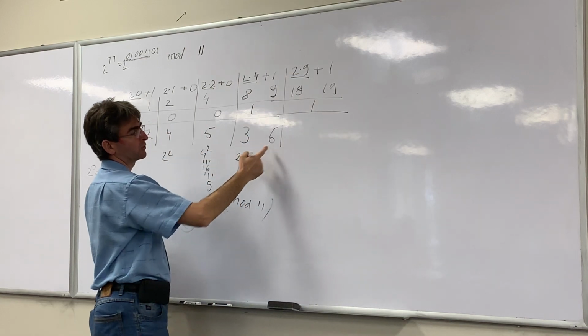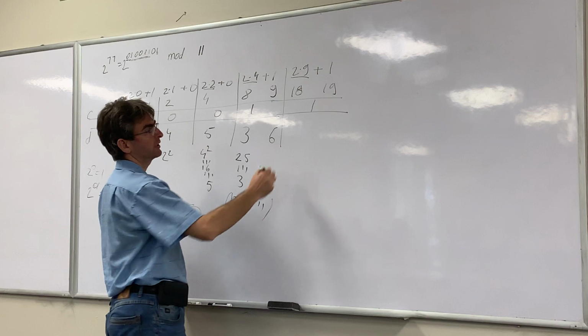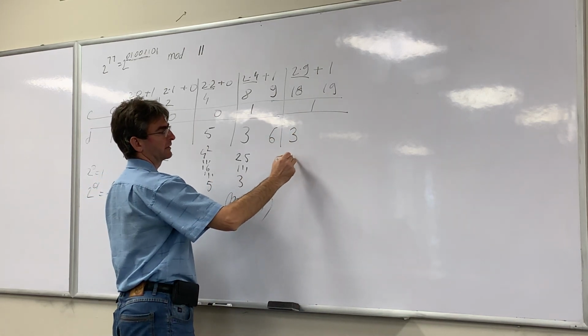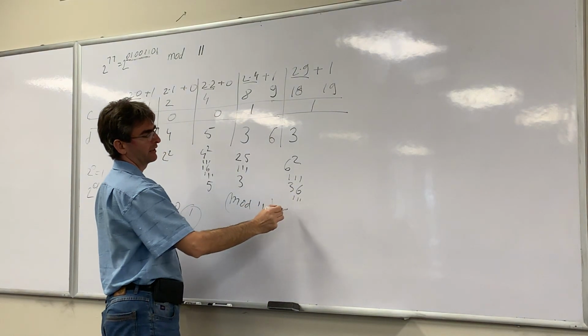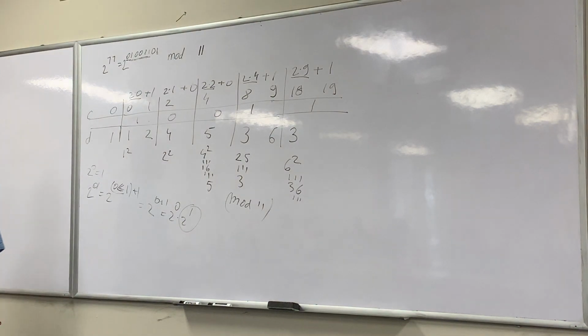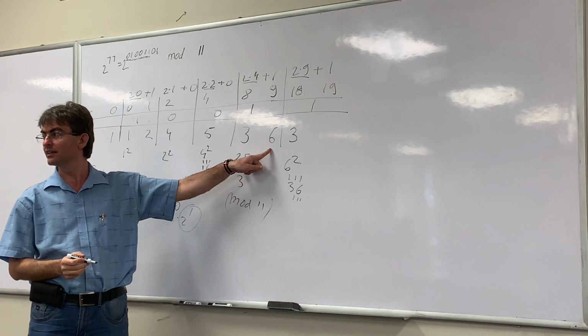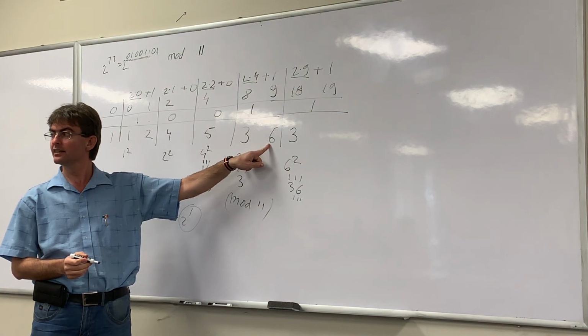Multiplying these two corresponds to squaring. 6 squared is 36, which is 33 plus 3. So that's 6 squared, which is 36 mod 11. The 6 right there, shouldn't that be 5? This one? It's 4 squared. This one here?